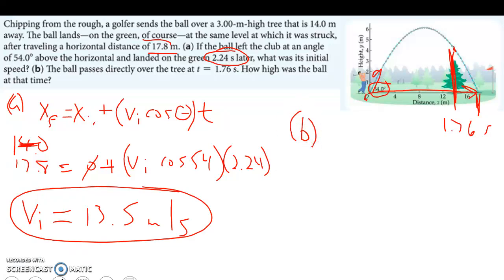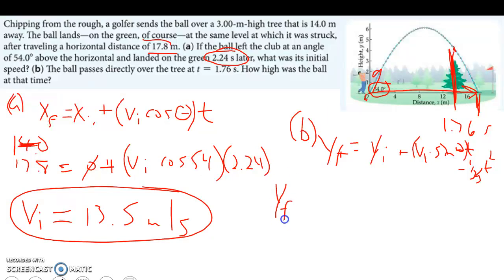Now, for B, I want to find how high the ball was at the time it went over the tree. So that's my y distance. My y final is going to be equal to my y initial plus vi sine theta t minus 1/2 g t squared. My y final I don't know. Initially it's going to be 0 because we're starting at the origin. My initial velocity is 13.5, I got this from that answer.